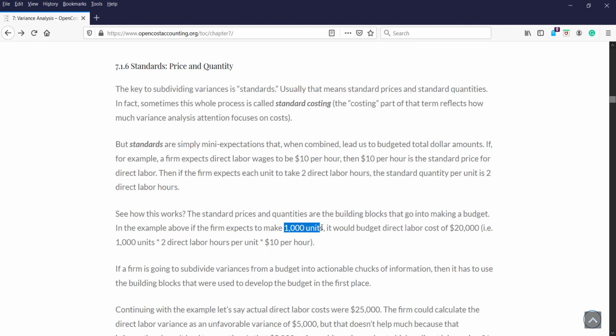We have to expect 1,000 units, that's our expected volume, and we have to have a standard price and a standard number of direct labor hours per unit. So we have our volume, we expect 2 direct labor hours per finished goods unit, and we expect $10 per direct labor hour. Multiply all those together, we get our total budget. These are the standards. This is also, in a way, a standard. We're going to treat it a little differently, but the key is this is a standard quantity and this is a standard price. You need these or you cannot break down your variances into actual chunks of information.